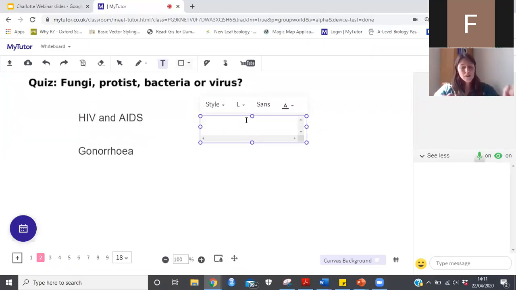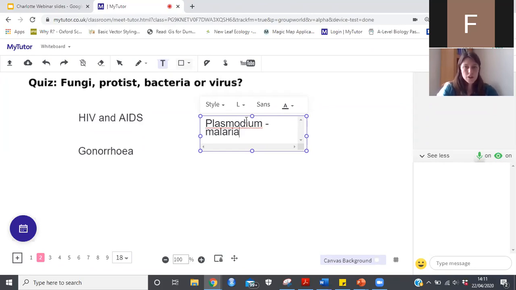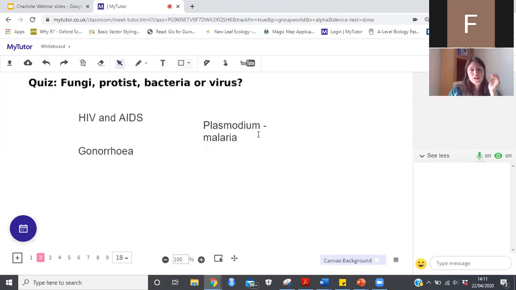Okay, the next one. So let's talk about, I put 2 words here. First one is the organism that causes the disease, and then malaria is the disease itself.